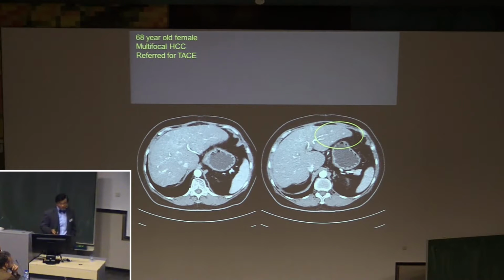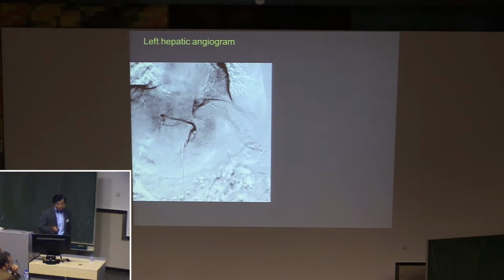Here's an example of a female patient with multifocal HCC referred for chemoembolization, multifocal lesions within the left lobe as shown. When we performed the left hepatic angiogram, we were not very happy with some of these vessels. Clearly it doesn't look like within the liver, and we wanted to be very sure.